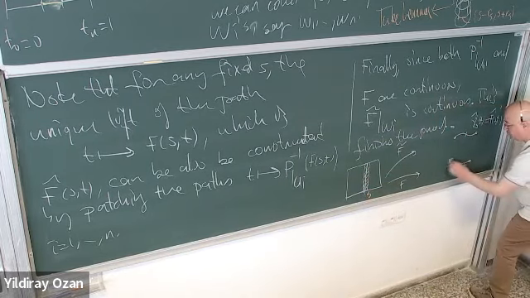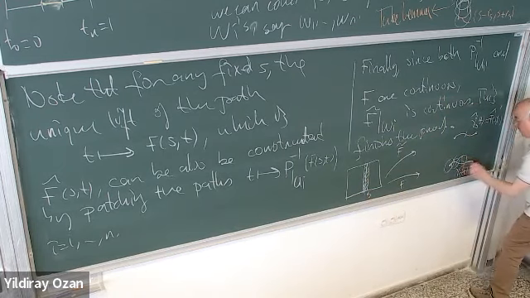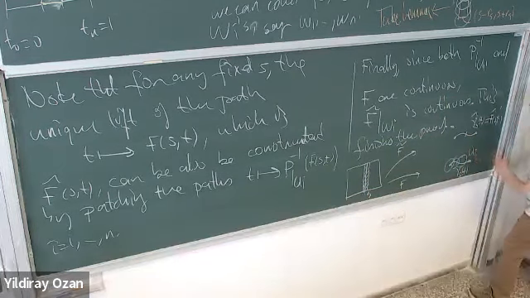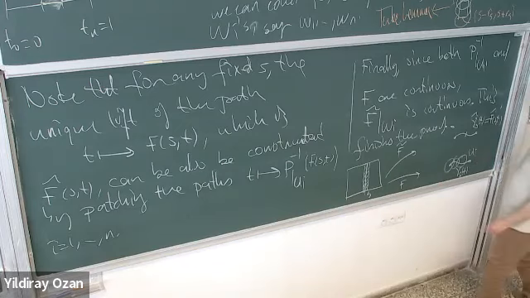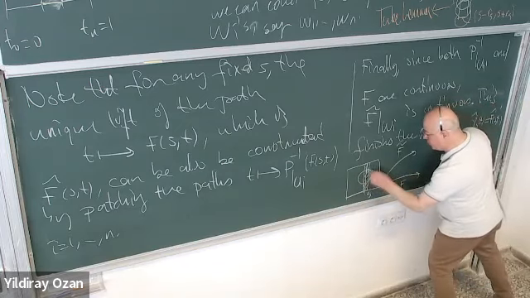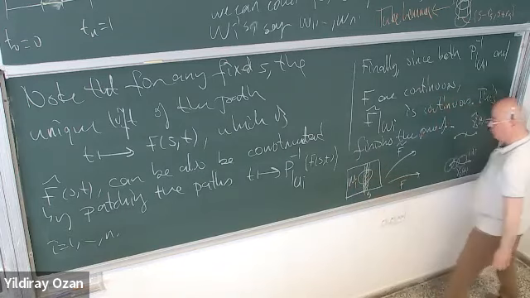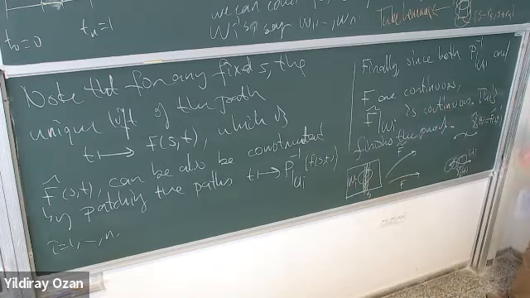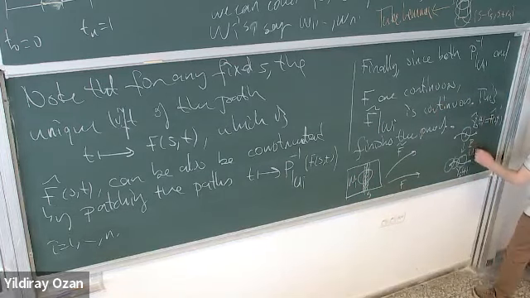So here I have these U_i's, and say this is U_i, and this U_i has pre-image W_i here. So above this U_i there is an open set here, and p is a homeomorphism here. So p restricted to U_i is a homeomorphism.